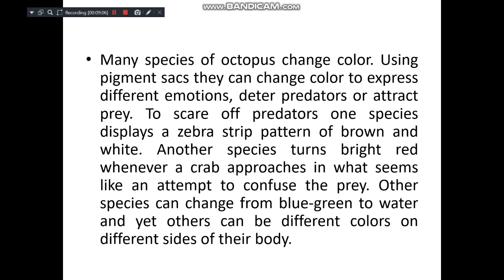It even changes color to express its emotions, like to deter predators or attract prey. Based on the demand, it changes its color.